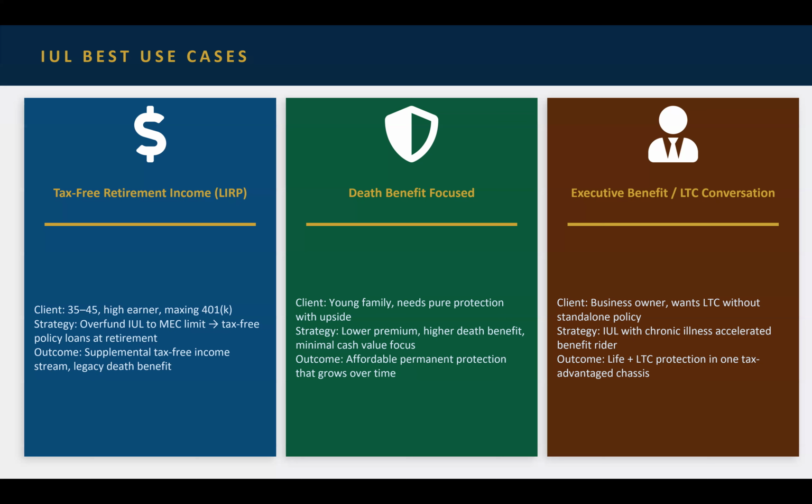And then you look at the far right, the executive benefit, like the LTC conversation. So that's actually two, but I didn't want to put three tiers or four tiers in here.